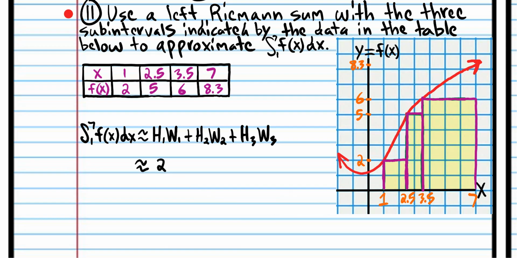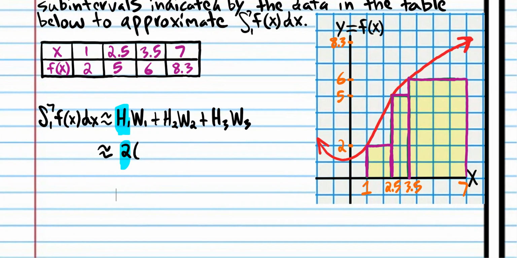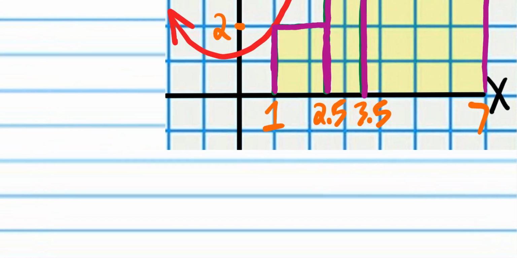So we're going to multiply that. That's the height. We're going to multiply that by the width. Now, how do we calculate the width? Well, we can kind of see what the width is. But if you want to do a calculation, you take this length, 2.5, and you subtract this red length, 1, and you get 1.5.